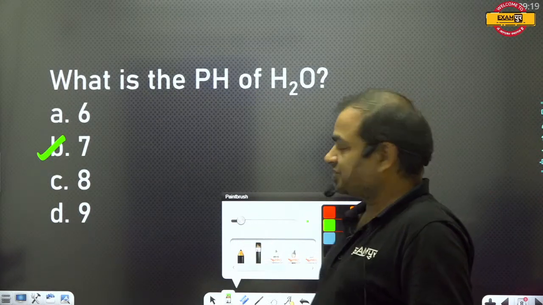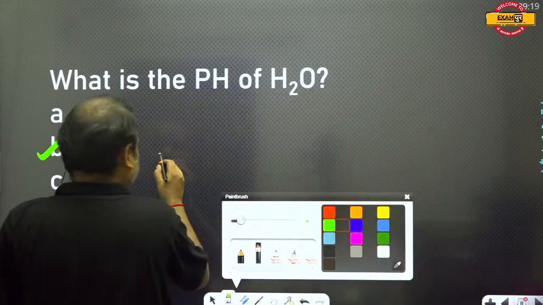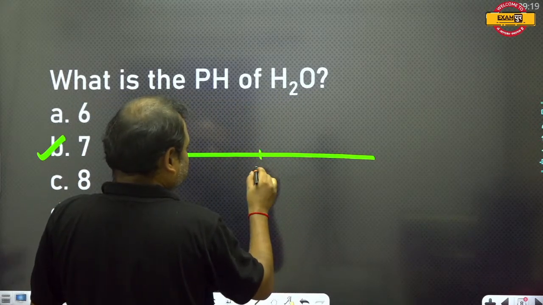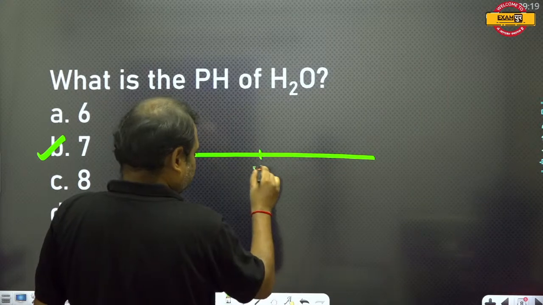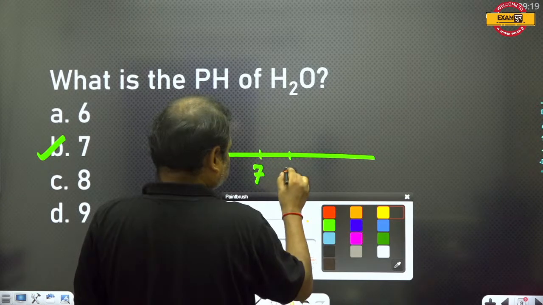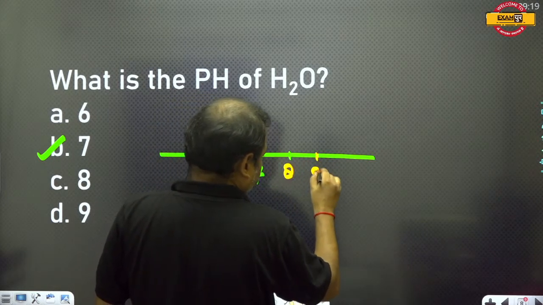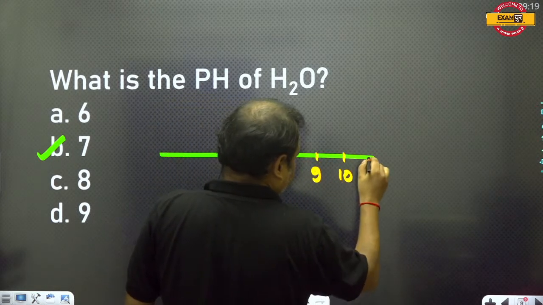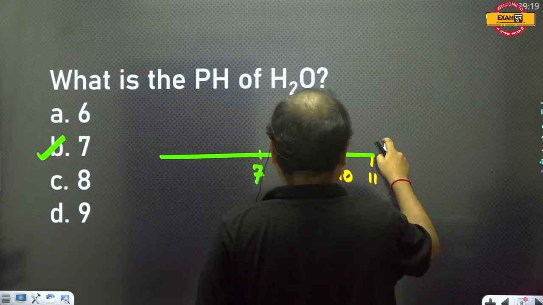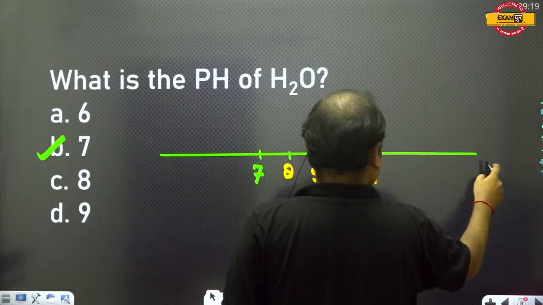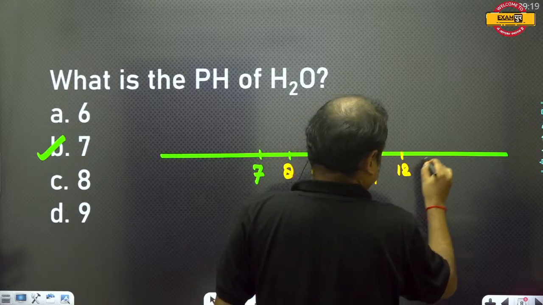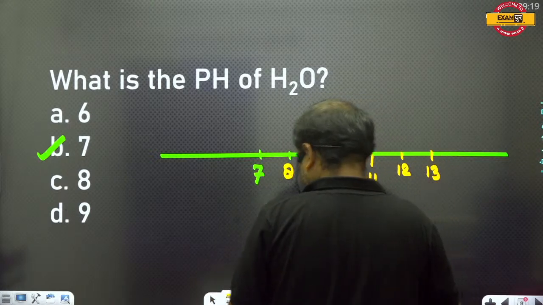Okay, so pH, let me show you the pH scale. Suppose this is a scale; this number is 7 and 8, 9, 10, 11, 12, 13.